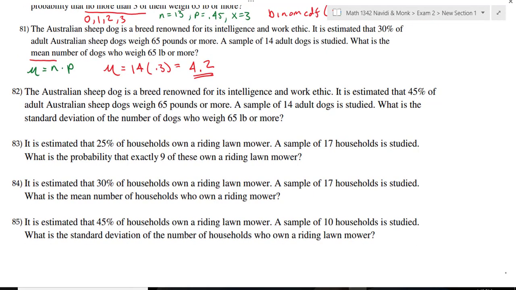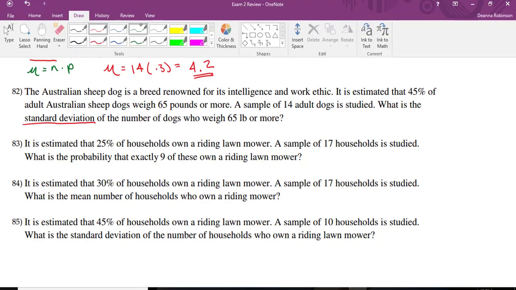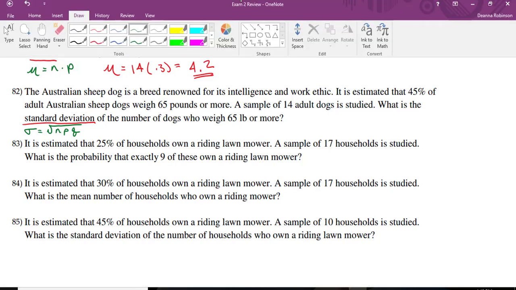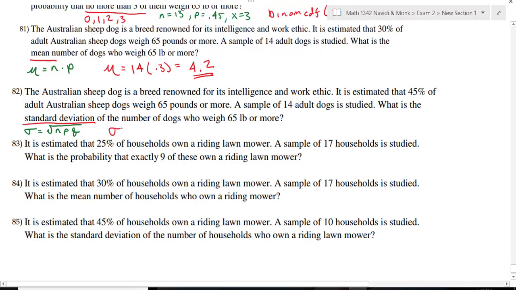Number 82, 45% weigh 65 pounds or more. 14 adult dogs. What's the standard deviation? The formula for standard deviation for binomial distributions is sigma equals the square root of npq, where q is 1 minus p. So for this problem, the standard deviation is going to be the square root of 14, because n was 14.